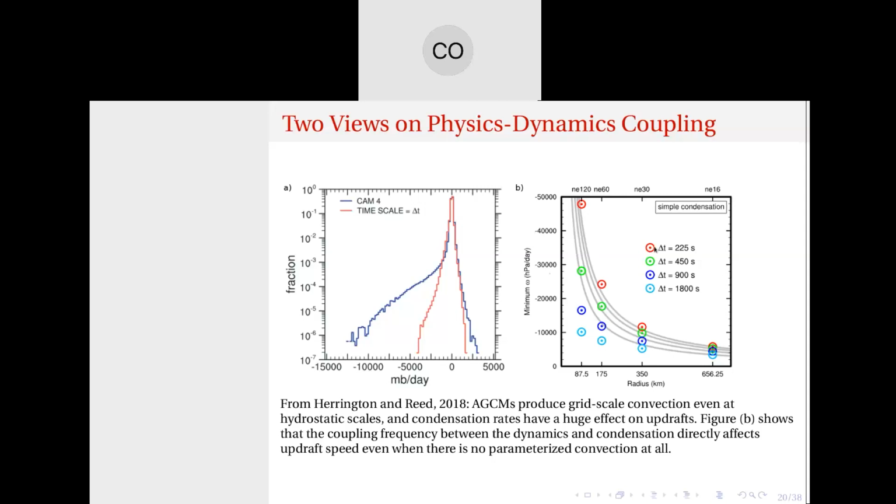When you use a shorter time step for the dynamics-physics coupling, you can resolve this quite well, and the speed of the updrafts can become much higher. But if you use a longer time step, then at all resolutions you have a suppression of this resolved convection, and it's much less dependent on the size of the horizontal grid.